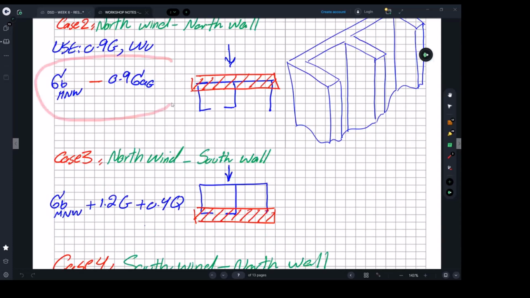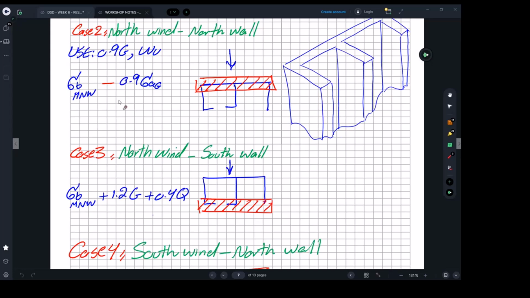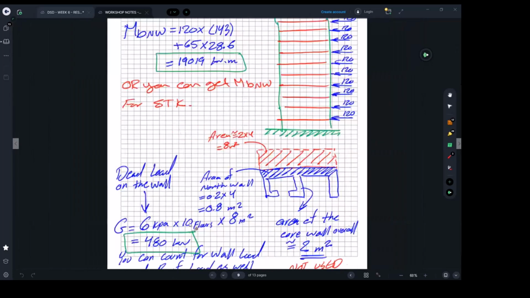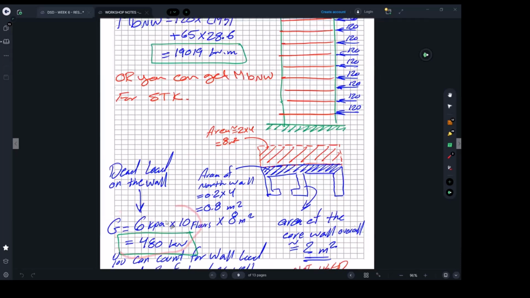That's why in this formula I did not introduce any live load, because someone will ask why you didn't also compress this side by live load. I cannot guarantee people will be standing behind the core when the wind is going to blow. So that's why we have to use our engineering judgment. It's only the dead load, and I took 90%. That's what the standard told me, because definitely 100% the concrete is there, day and night. Okay, so for this case, I've only calculated dead load. I'm not calculating live load.